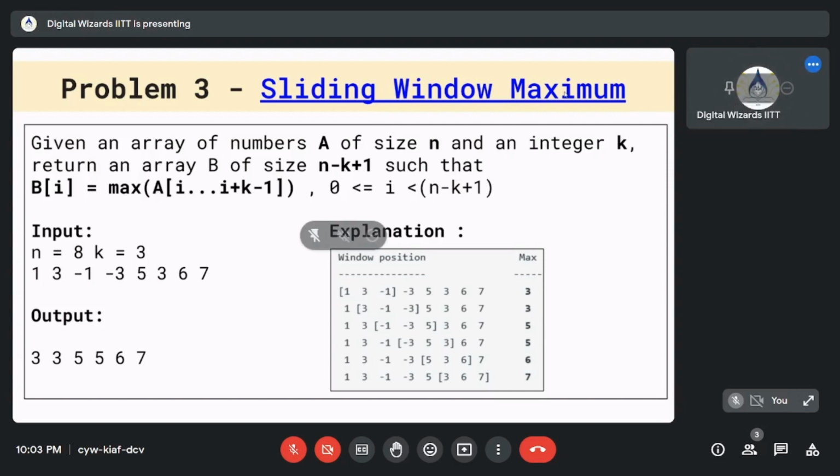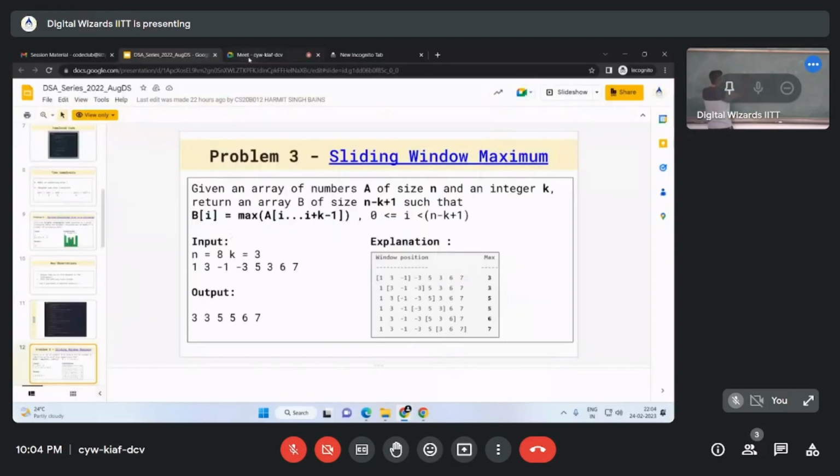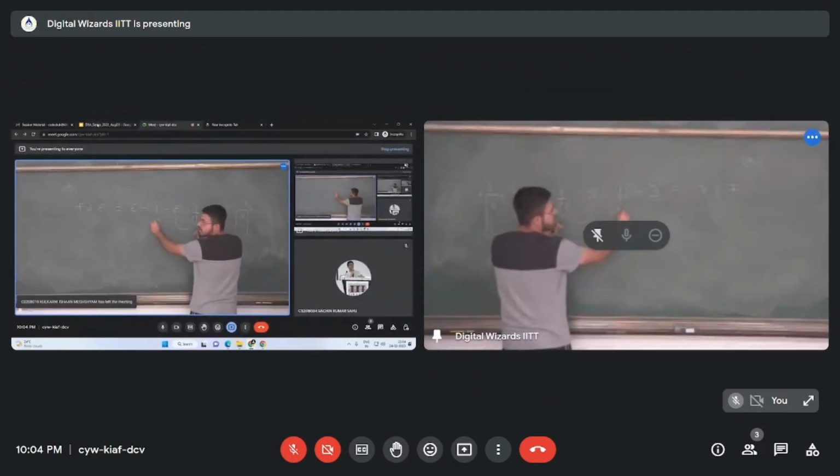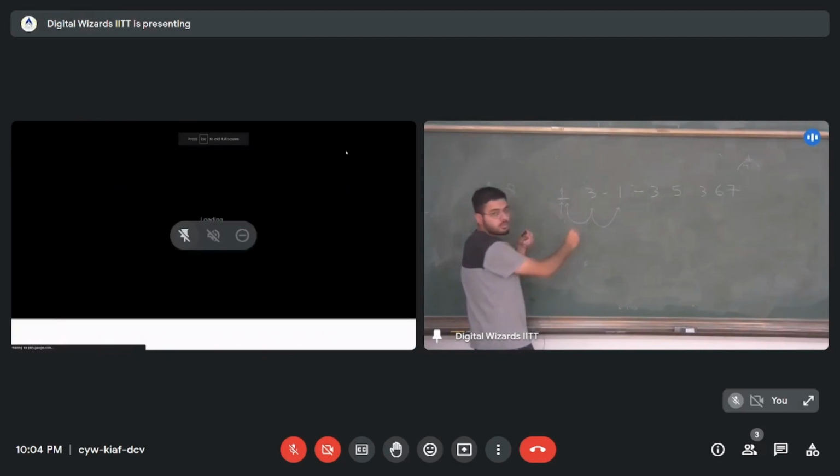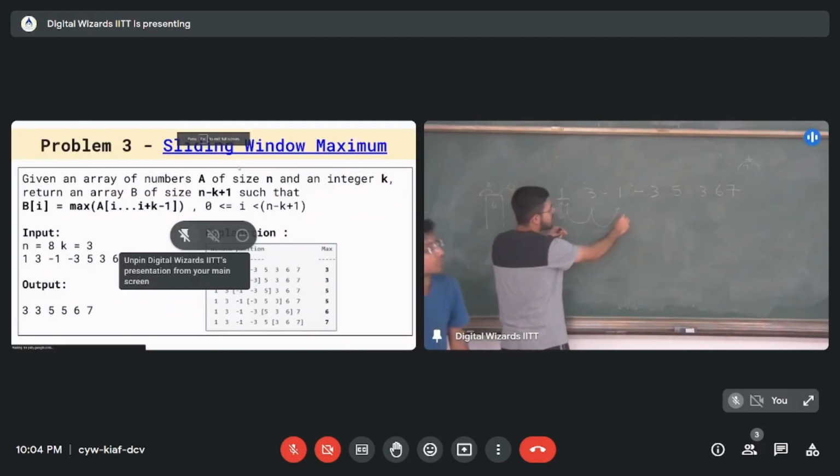Let me draw it: 1, 3, minus 1, minus 3, 5, 3, 6, 7. So you are saying I'll have two pointers, i and j, and I'll move till I reach the window size k, and you will keep track of the maximum.